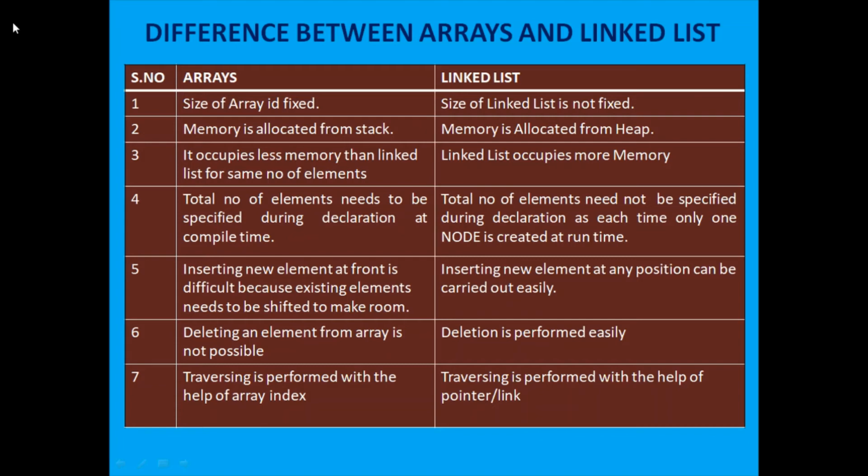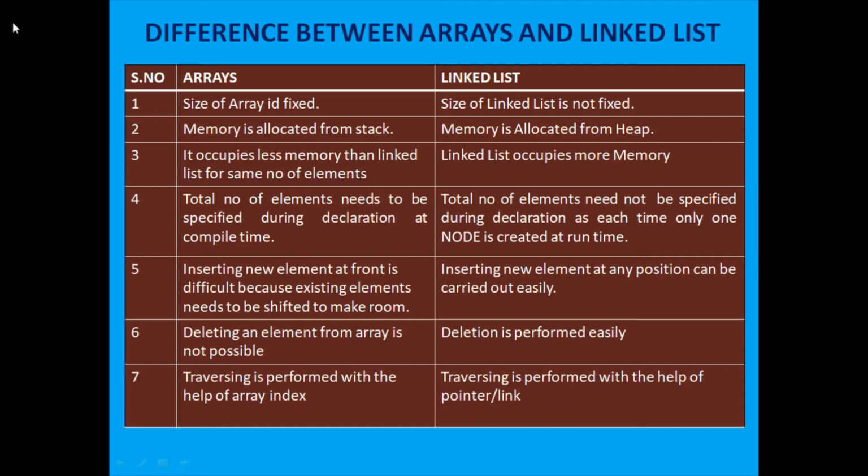The second difference is that in arrays, the memory is allocated from the stack, whereas in the linked list, the memory is allocated from the heap. The third difference is that arrays occupy less memory than the linked list for the same number of elements, whereas the linked list occupies more memory. So why does it occupy more memory?